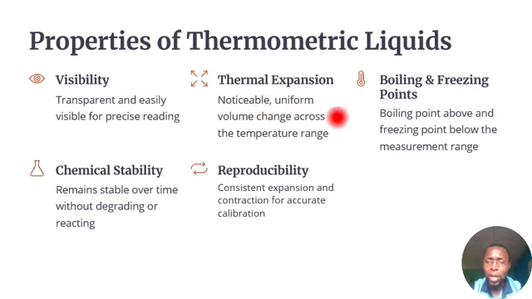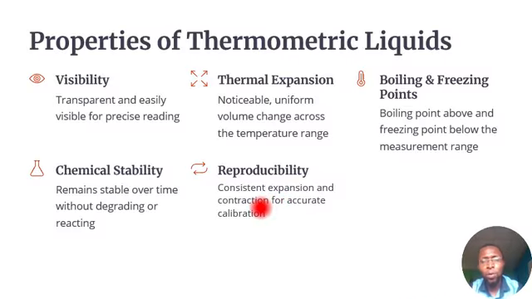Then another property is that it must have boiling and freezing points. The boiling and freezing points we are talking about here must be very far apart, so that it can measure a wide range of temperature. And lastly, reproducibility. In this case, it must be consistent in expansion and contraction for accurate calibration.